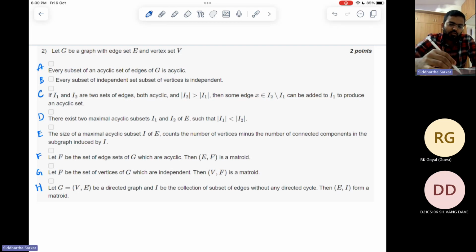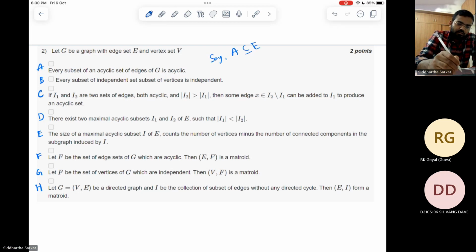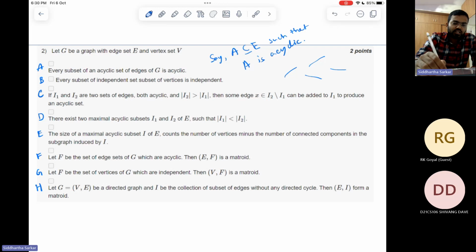Okay, so maybe spanning tree is not required. Let A be a subset of the edge set such that A is acyclic. Now A is acyclic means there is no cycle in A, right? Because there is no cycle in A, even if you delete some of the edges and form a subset of A, that subset cannot have cycles either because you're not adding edges, you're only deleting edges.